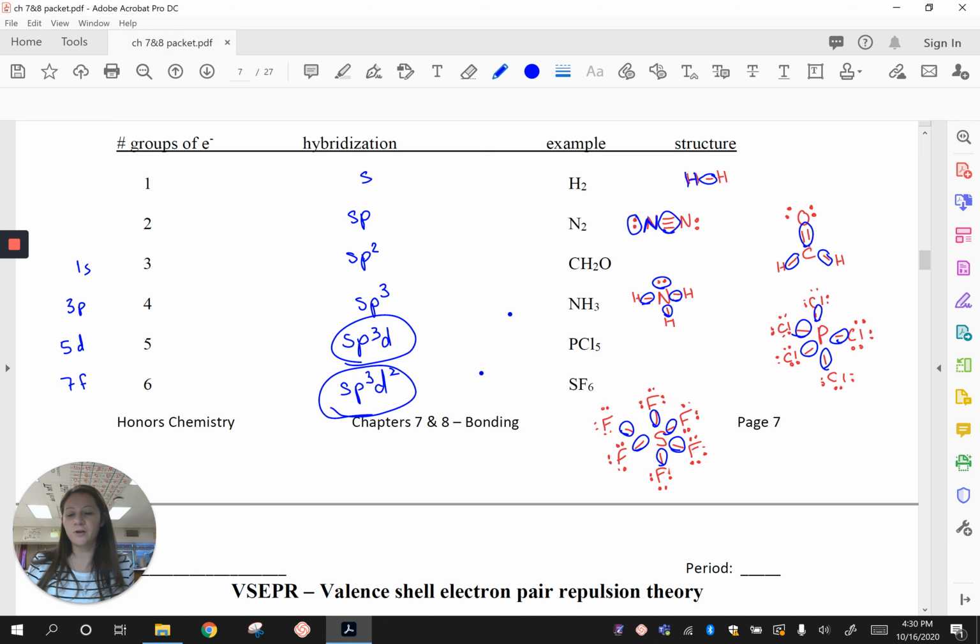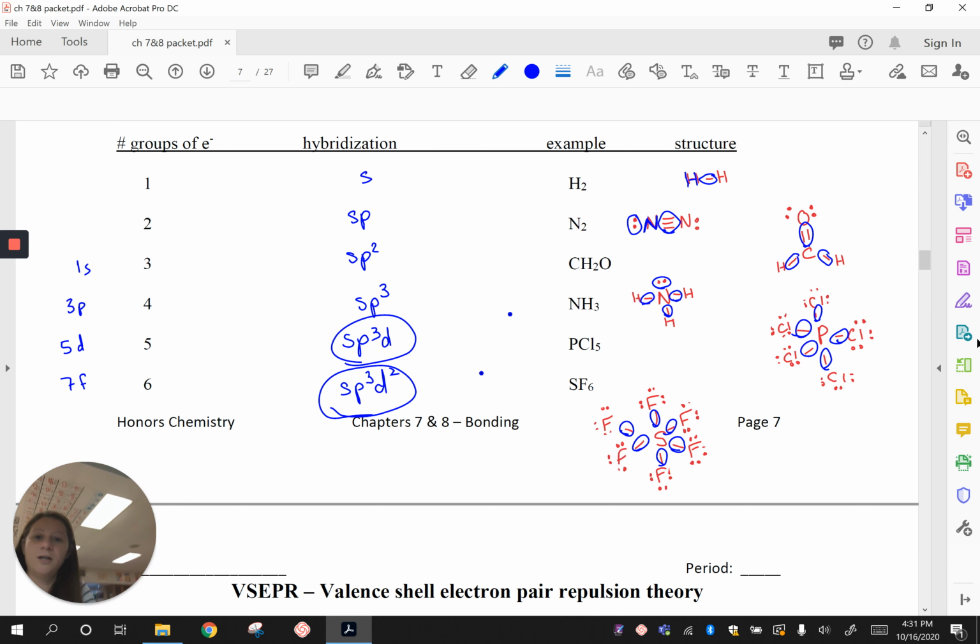And so in a lot of college courses, they are still teaching these hybridizations with the d orbitals. And that's why I'm teaching them in this class. Hopefully by the time you get to college, they would have figured it out and changed the textbooks. But for now, I'm just going to teach it to you. But know that that's kind of a little bit of a lie. It's not really entirely true. But because they're teaching it in college, I'm just going to continue to teach it until they come up with a different theory.